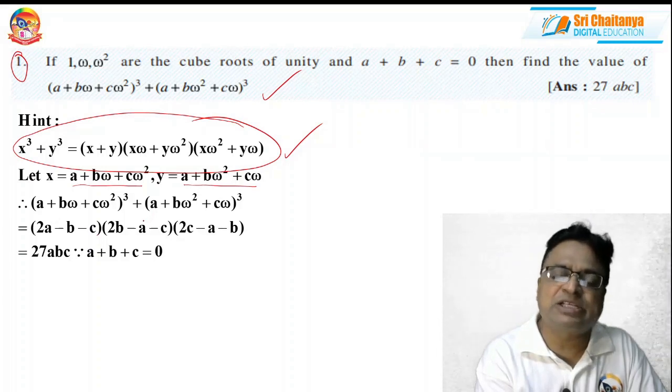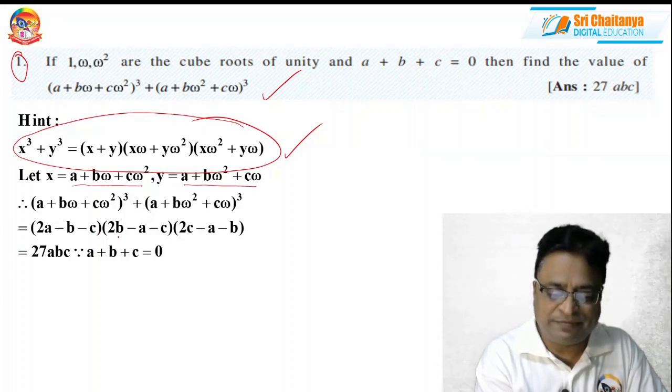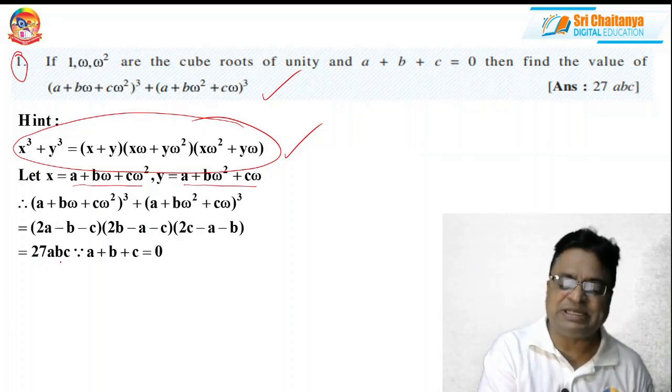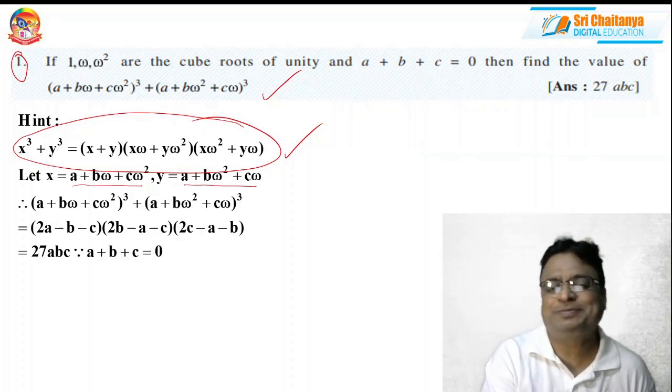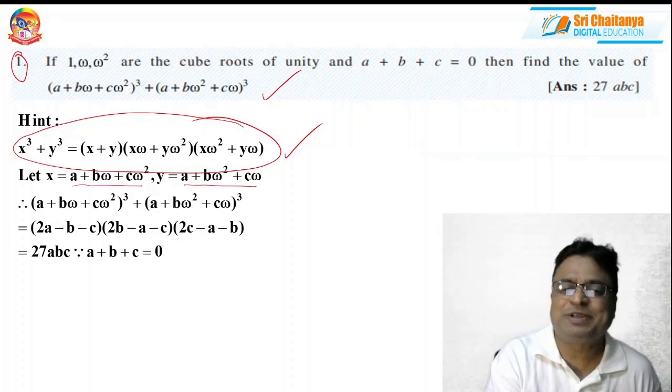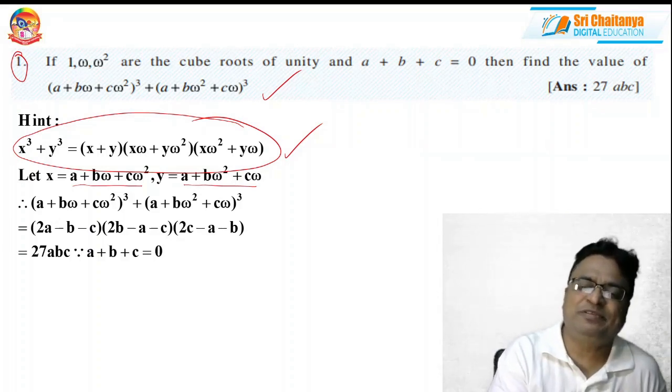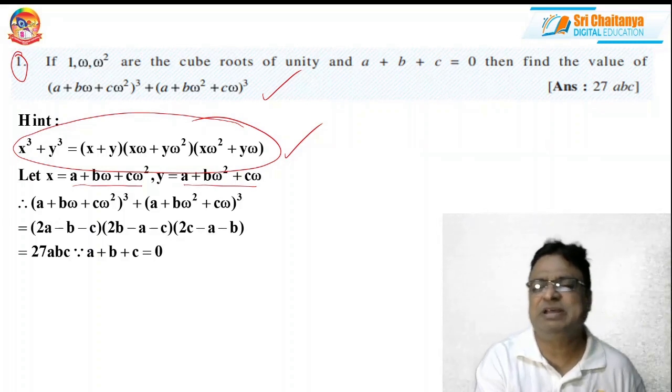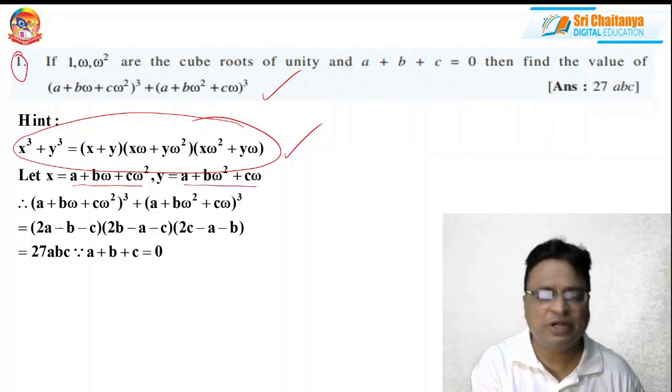And similarly, x omega plus y omega square and x omega square plus y omega. You simplify that, you will get the answer as what? 27abc, because a plus b plus c equal to 0. Because if a plus b plus c equal to 0, a cube plus b cube plus c cube is equal to 3abc. You simplify this, you will get the answer very easily. Clear, my friends?